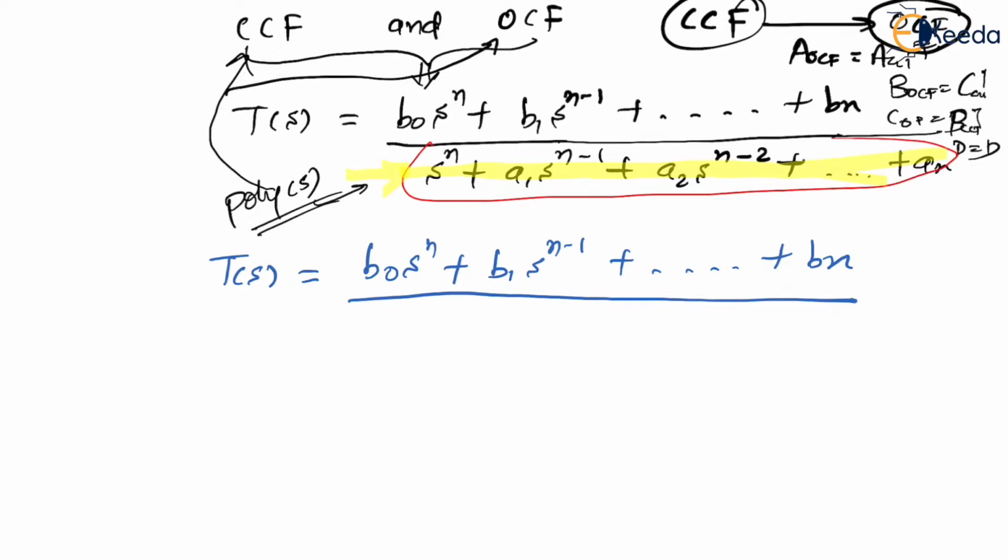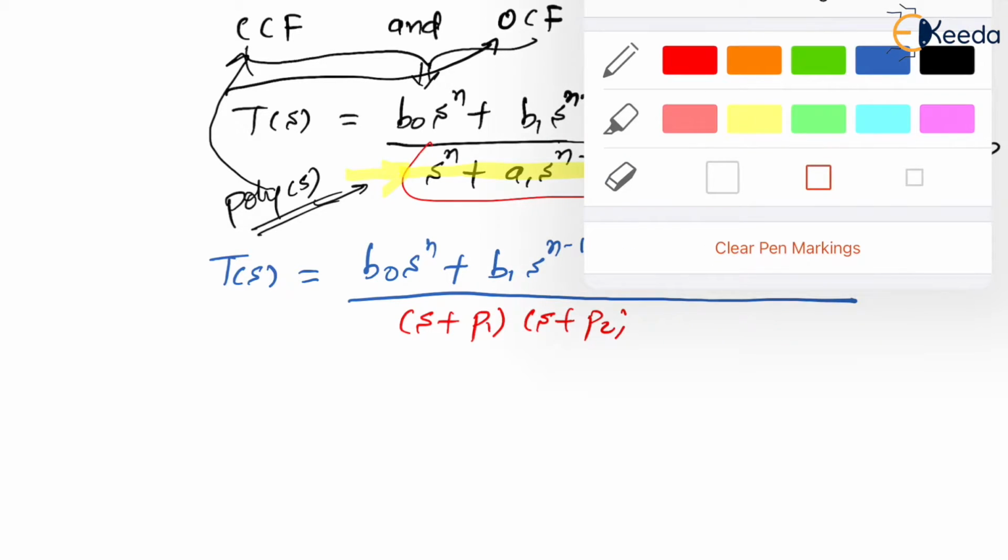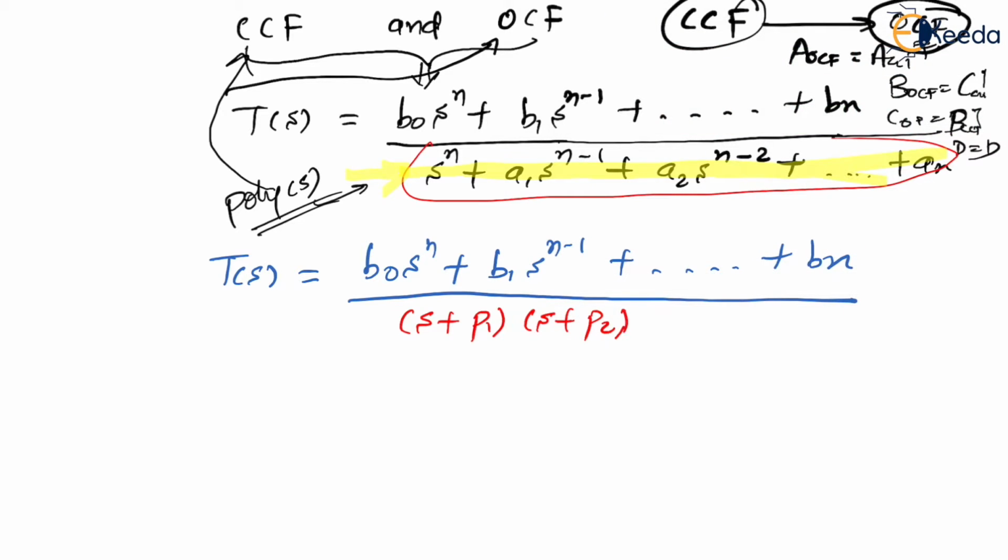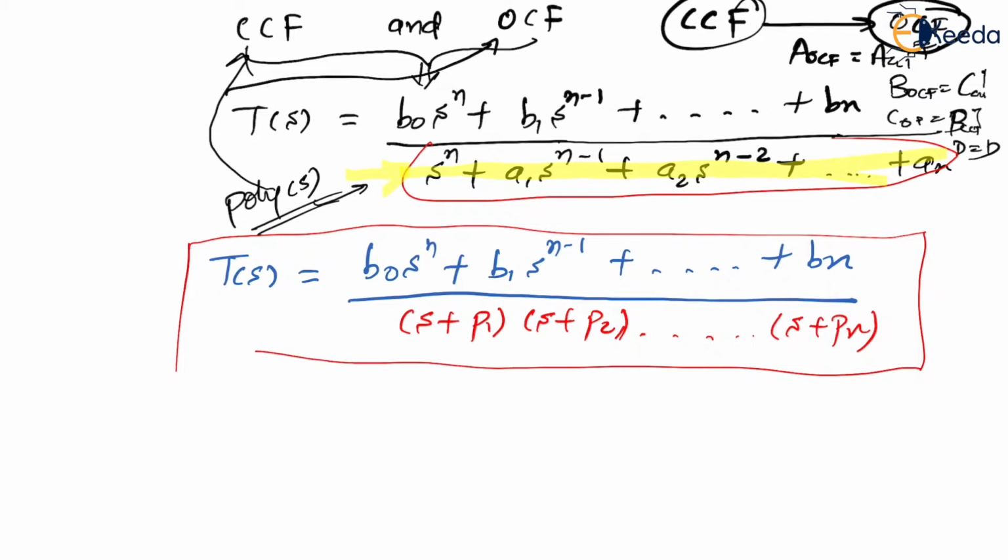Rather than the polynomial, if I have the denominator in the form of factors, s plus p1 multiplied by s plus p2, and so on up to s plus pn. This is not plus, I'm so sorry, it is multiplication. So what if I have the transfer function in this manner?